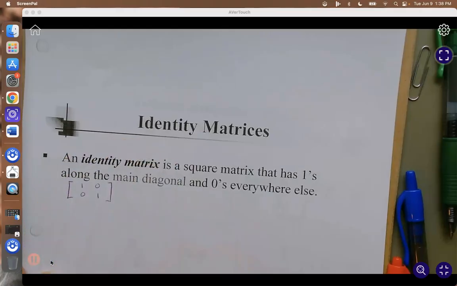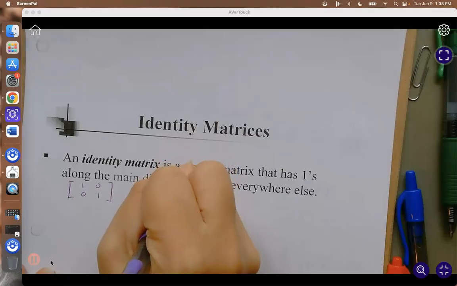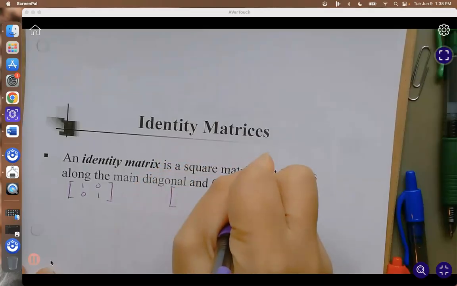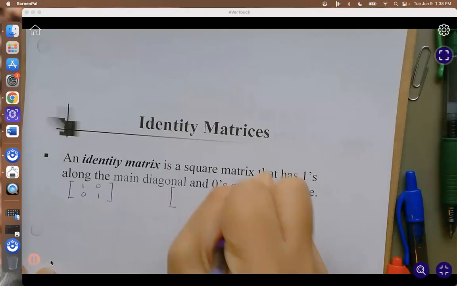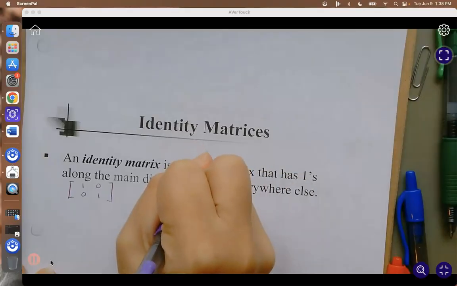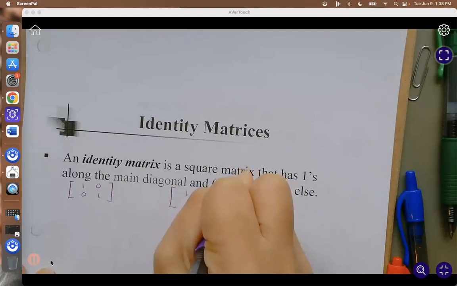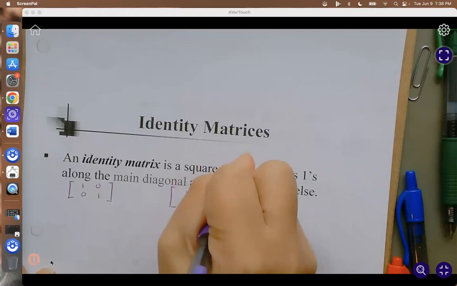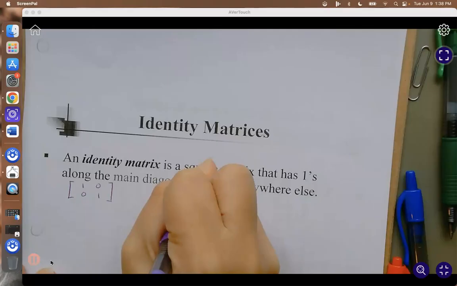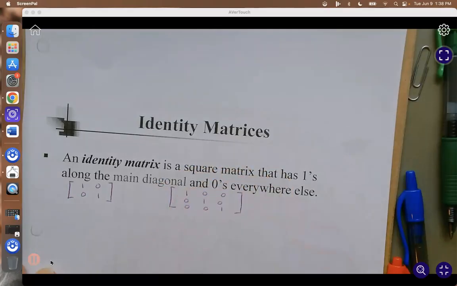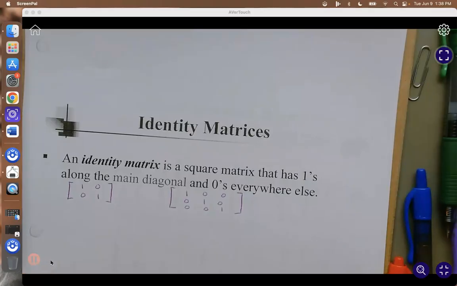So that's a 2 by 2 identity matrix, and the 3 by 3 would look like this. So it'd be 1, 1, 1, and then zeros everywhere else.